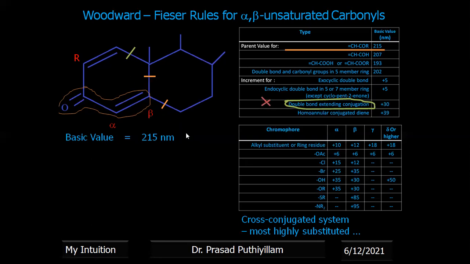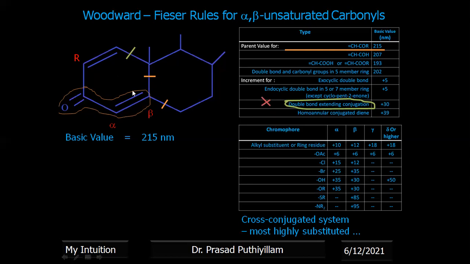Next, a doubt whether it has an endocyclic double bond, a same-ring double bond. It is there, but it is not conjugated, and this value has to be given only for a 5-member ring and a 7-member ring. This is a 6-member ring; you can count 1, 2, 3, 4, 5, 6.